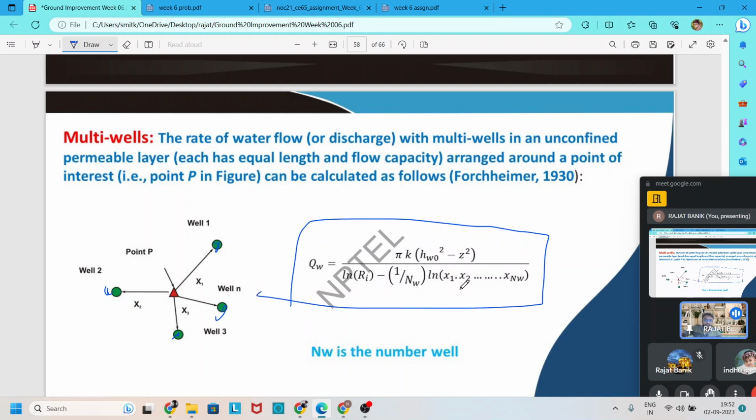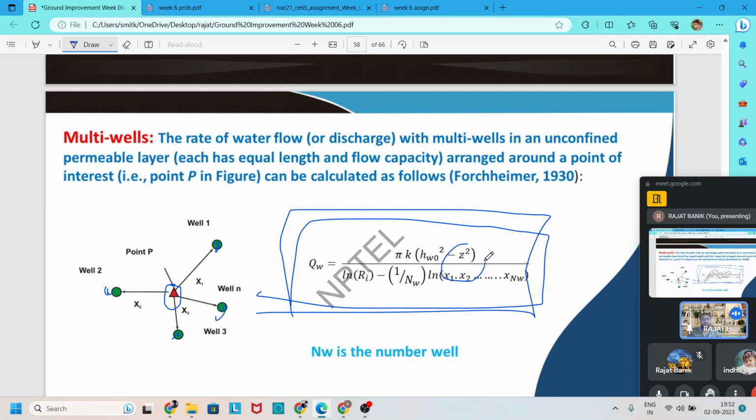This arrangement is created for an unconfined aquifer. Here x1, x2, dot dot dot xn are nothing but the distances from this particular point, and we need to find out the water flow or rate of water from this particular point, and apply the unconfined aquifer formula with some little modification.